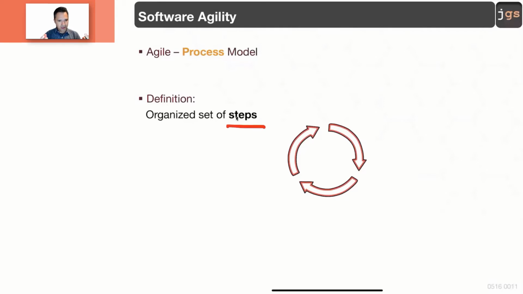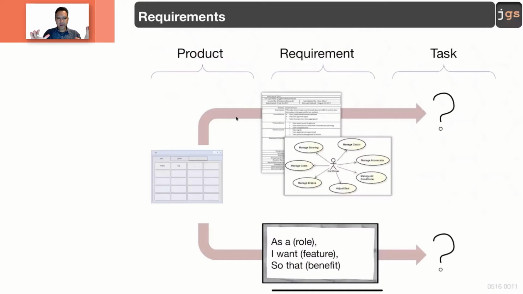We agree that in agile or in the waterfall, step one is requirements, understanding what we are going to do. Why? Because think about this, big picture. You want to create a product. It doesn't matter the product. Step number one is take the product, take your customer, and understand the product.